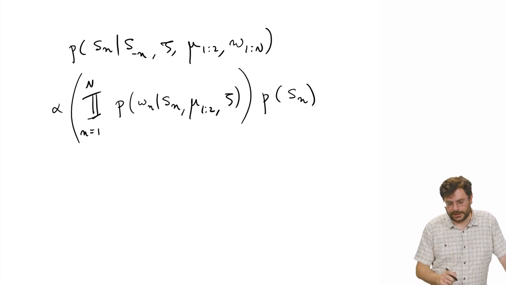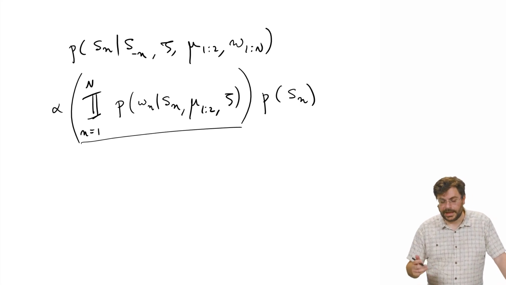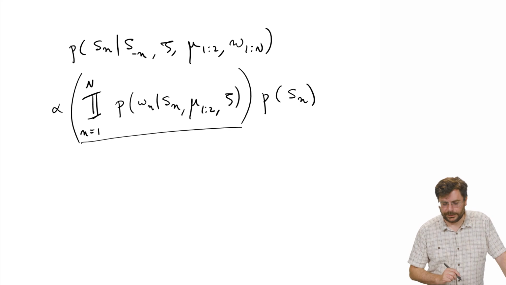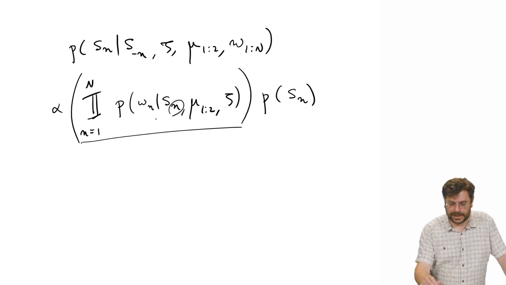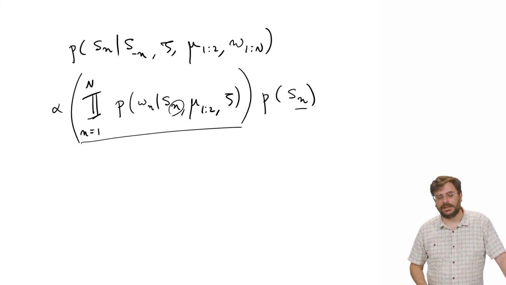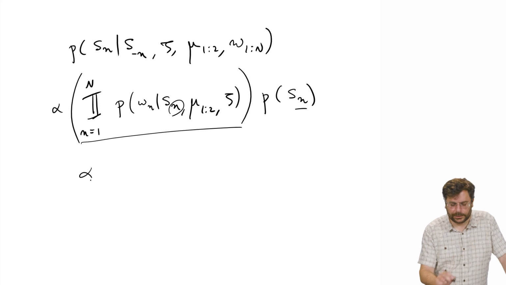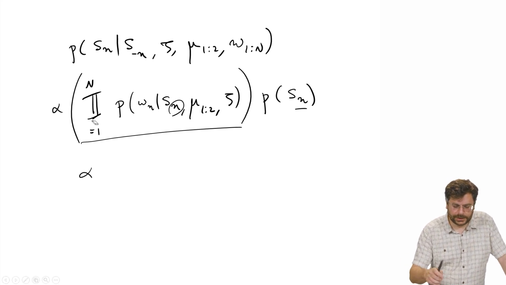Now, there's an important thing that we should say. This likelihood we break down as a product, and only one of those terms is going to have an n which coincides with this one here. Right? So in principle, this is maybe bad notation here.